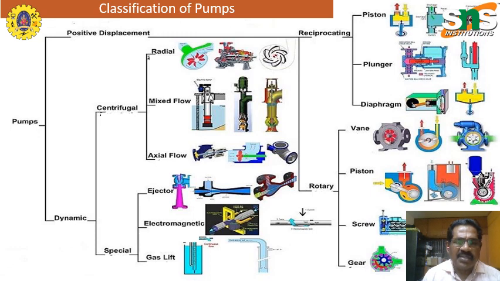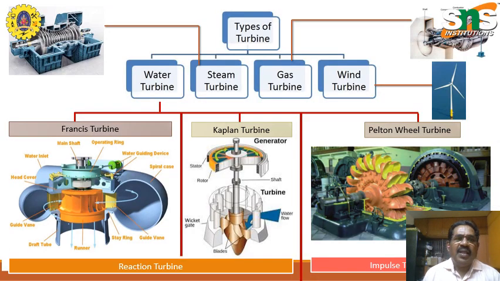The dynamic pumps are classified into the centrifugal pump as well as the special pump. Centrifugal pumps in turn are classified into radial pumps, mixed flow pumps, and axial flow pumps. Among the special pumps, we have the ejectors, the electromagnetic pumps, as well as the gas lift pumps. So this is a gist of the total classification of pumps.